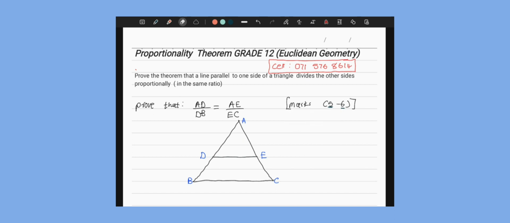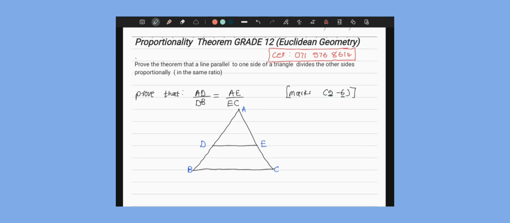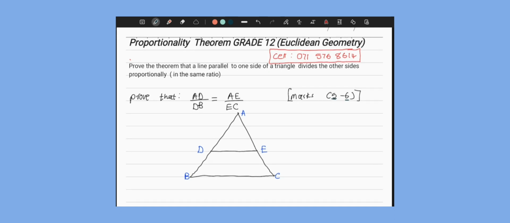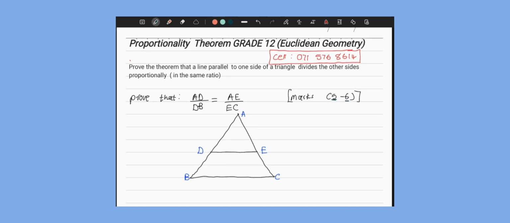If you're lucky, they award you 6 marks for proving it, but normally they use 5 marks. So let's go through it in detail and see what is needed here.